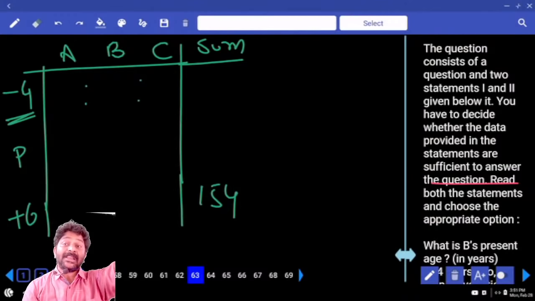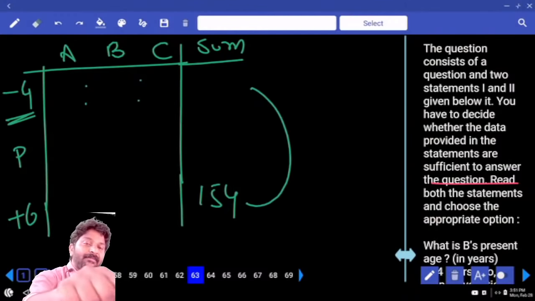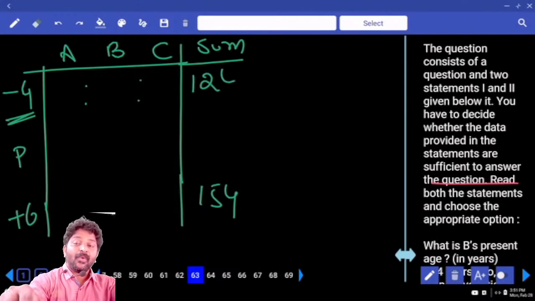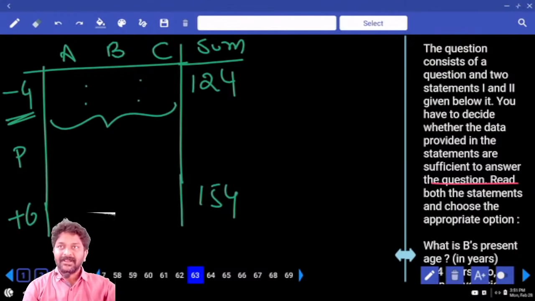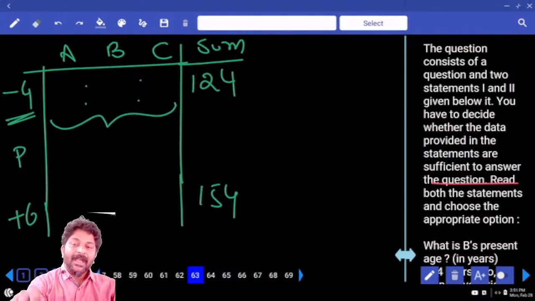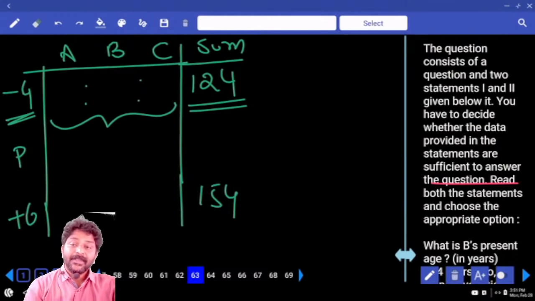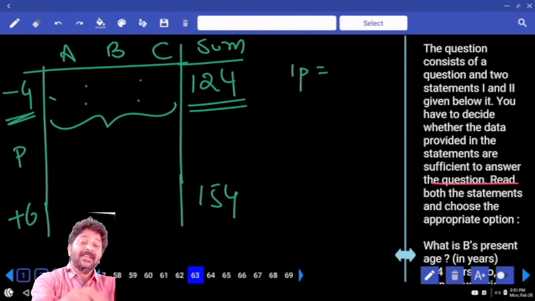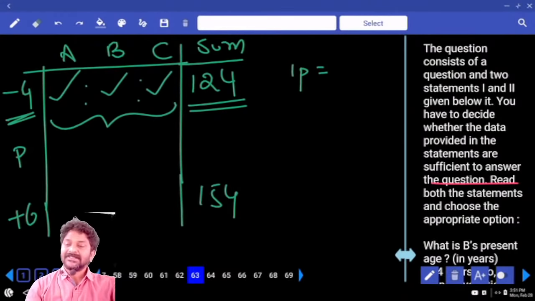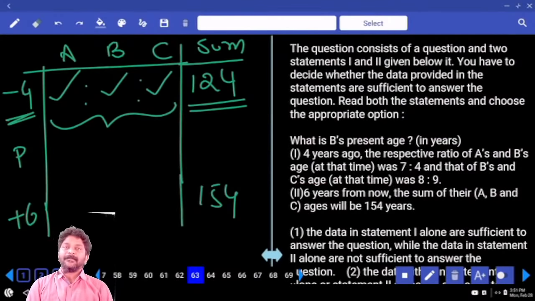That means altogether, if you subtract 30 from this, how much it becomes? 124. And 4 years back, from the first information, we know their ages ratio. And we already know from the second information, sum of their ages. Using this, can we calculate how much is one part value? Using that, can we calculate A's age or B's age or C's age? Yes. So now tell me, is 1 alone sufficient? Is 2 alone sufficient? Both together are required.